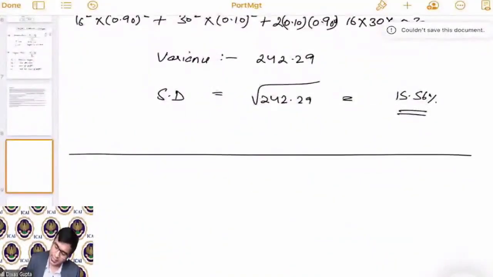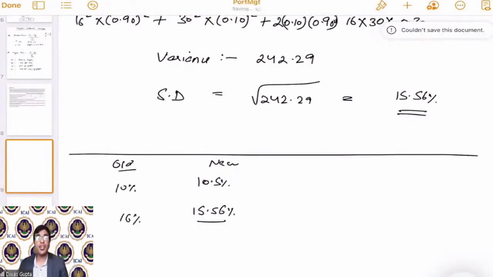I'm just explaining something here. So 10.5 he's earning as a return and 15.56% is the risk. So this is the new situation, and that was the old situation, where he was earning 10% with 16% risk. Which one do you think is better?